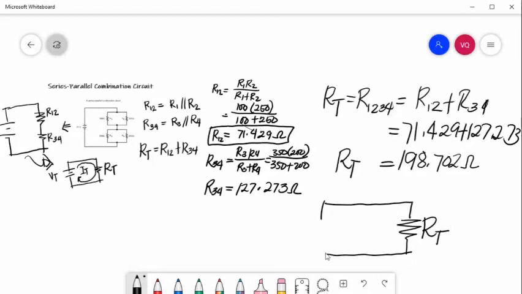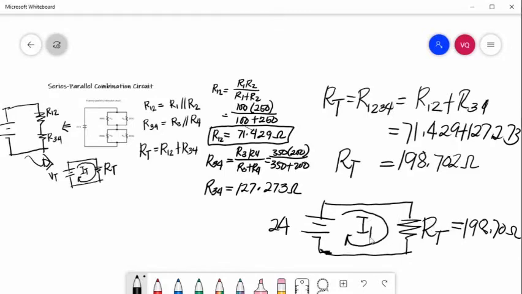So this is now your 24-volt source and 198.702 ohms as your total resistance. So from here, Ohm's law, you can now solve your total current.